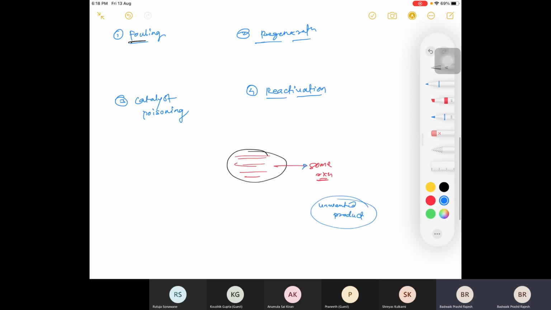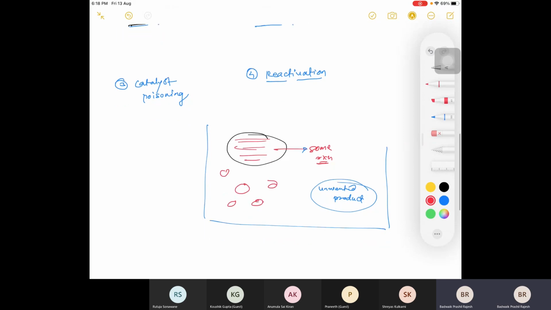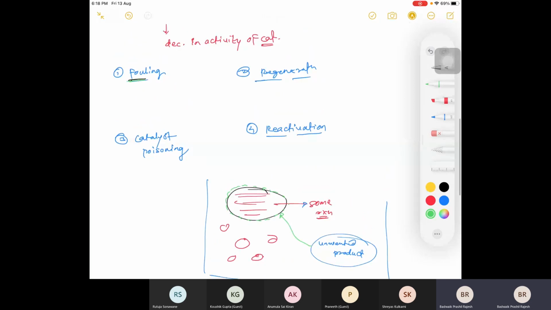I am just pointing out a single catalyst particle, but there will be a number of catalyst particles. So this unwanted product will go and deposit on its surface. It is not reacting and it is not doing anything. It is just accumulating over the surface. So that kind of phenomenon is called fouling.